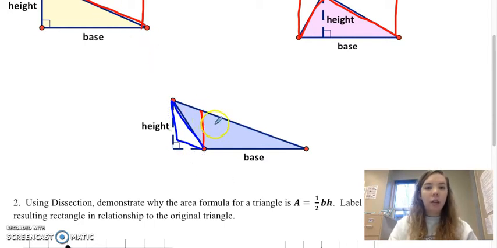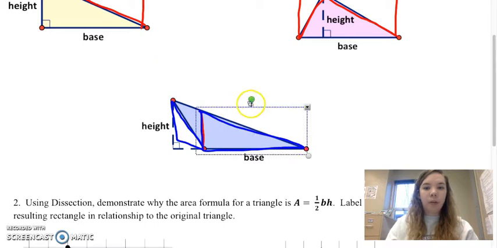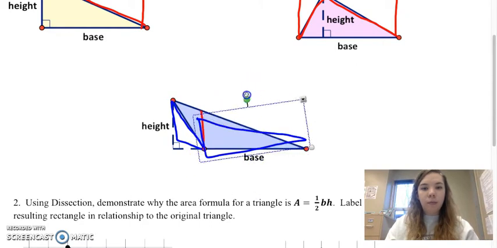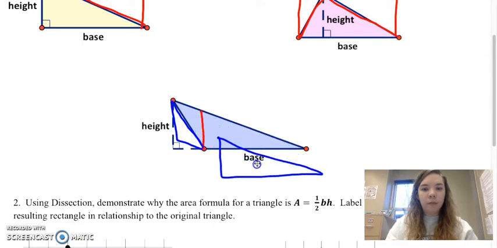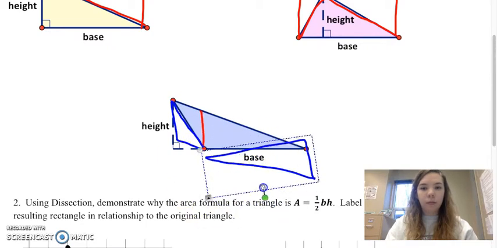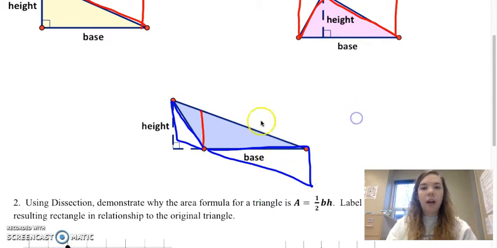And then the same thing here. I can do better than that. Okay, like that. And then you see we have a rectangle on the outside here.